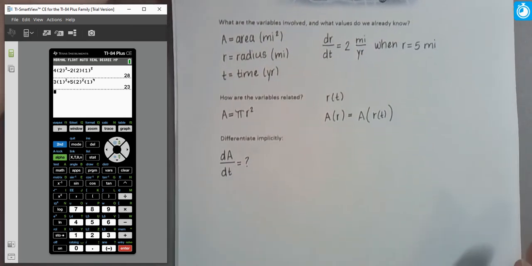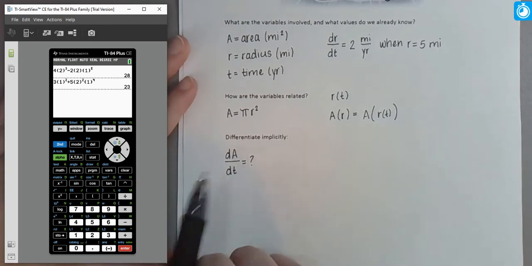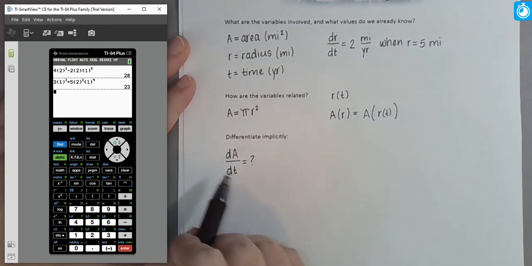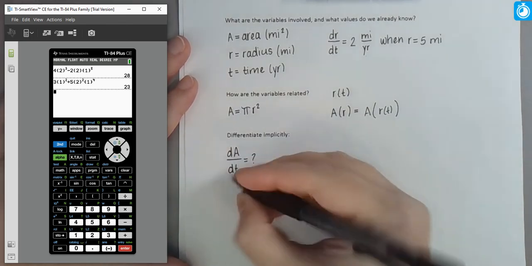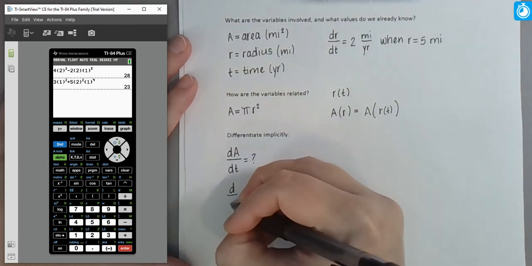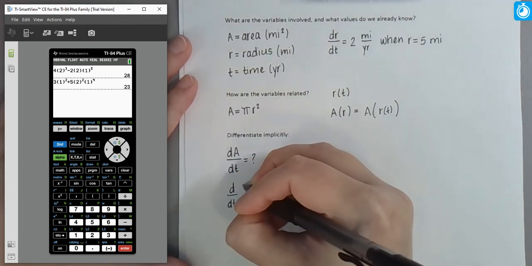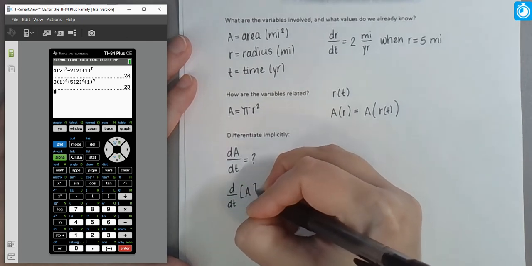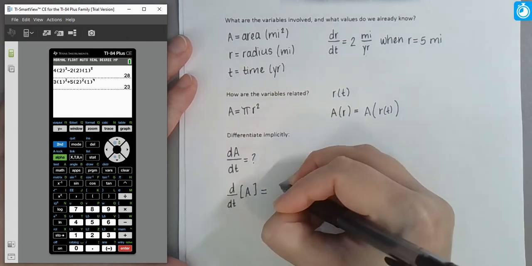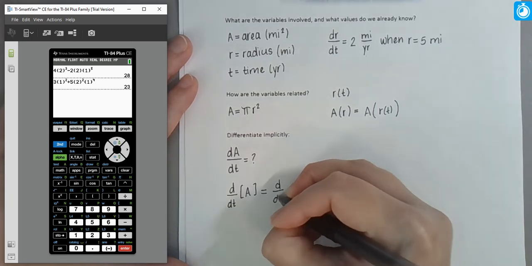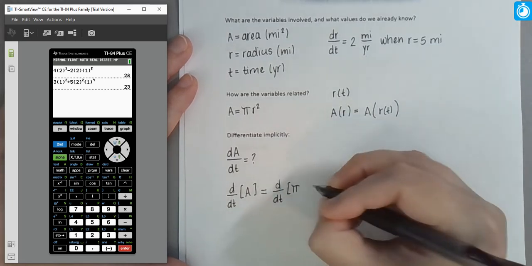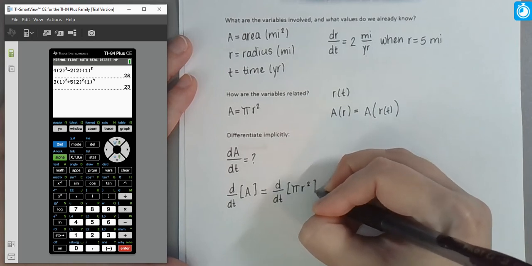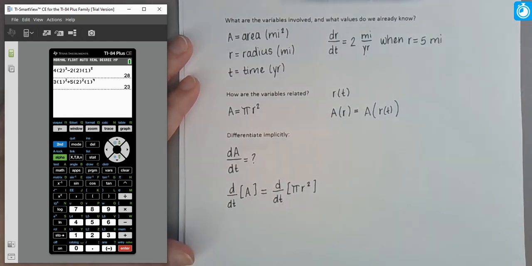So what's this going to look like? Well, we want to take the derivative with respect to t of both sides of this relationship. So the derivative with respect to t of A is equal to the derivative with respect to t of what area is equal to, which is pi r squared.